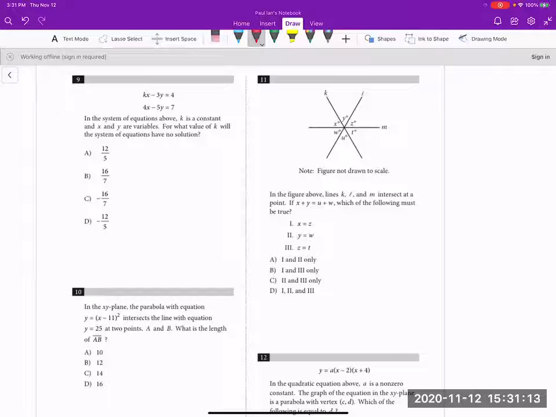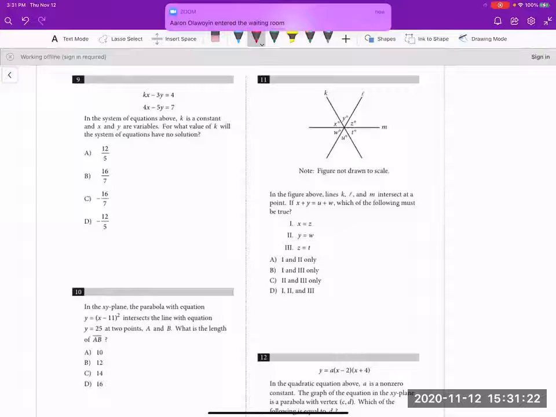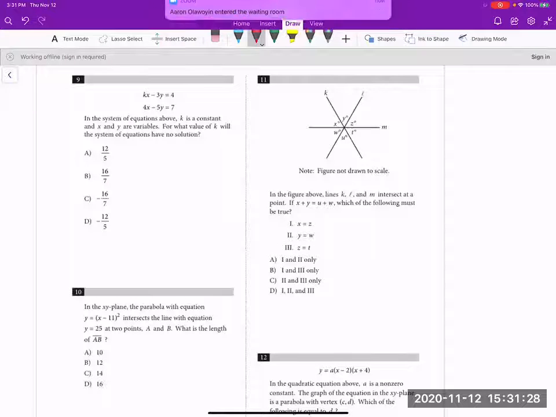B, 1 and 3, 1, X, and Z. And then 2 and 3. B, 1 and 3. Z equals T. Y. WZ and Z.